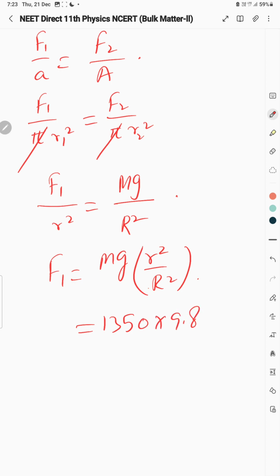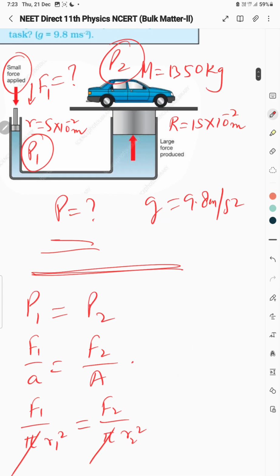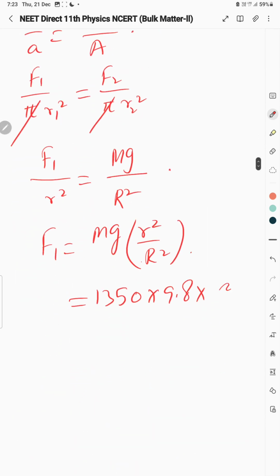1350, I have written the value of m, the mass of the car. g is 9.8. Small radius, as you can see here, is 5 × 10^-2, and large is 15 × 10^-2, and we have to take the whole square.